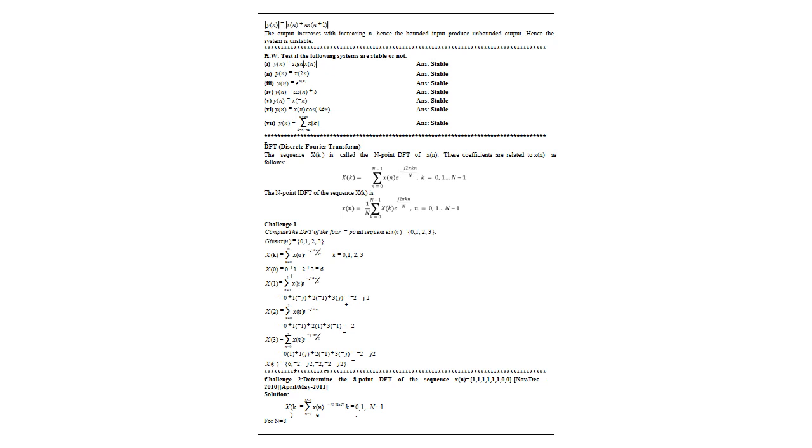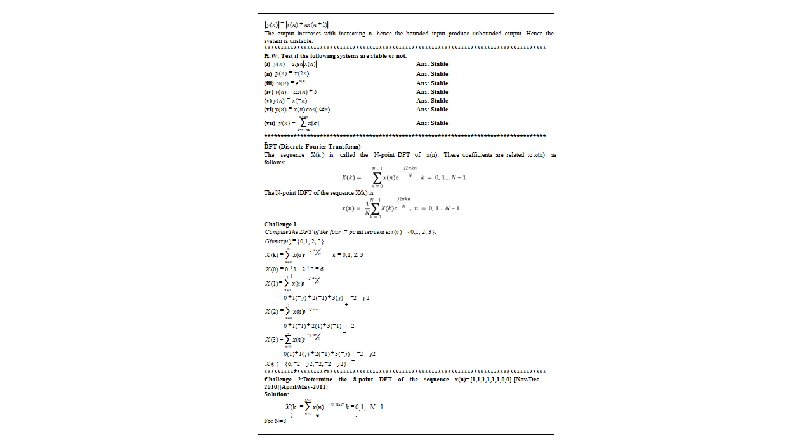So compute the DFT of the 4-point sequence, that is x of n is 0, 1, 2, 3. First we have to substitute the values one by one in the equation, that is x of k is equal to the summation from n equal to 0 to 3 of x of n e power minus j 2 pi k n by N. So x of 0 is 0 plus 1 plus 2 plus 3, that is 6.